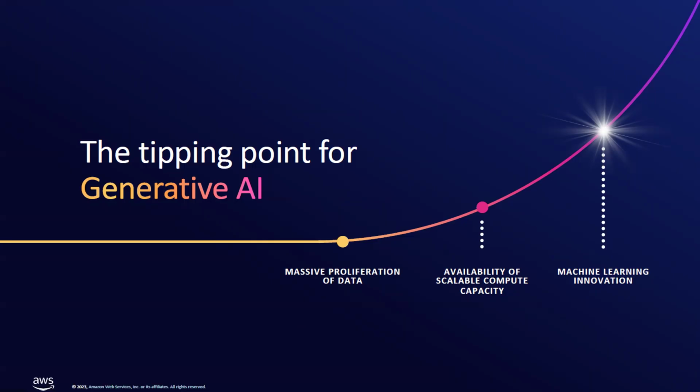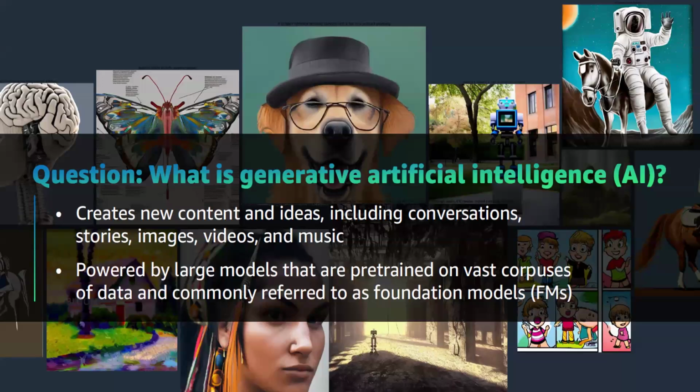So these are the three main reasons why we see generative AI. We are developing so many applications, and large language models are being released every other day or week.